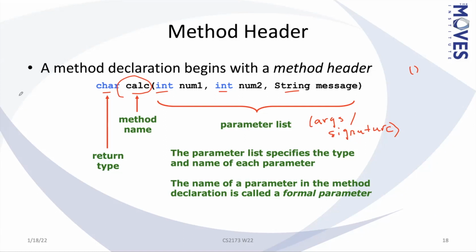So any type, or it can be void. If it doesn't return anything, you can say void. Okay, so the names of these things are only important on the internals of the method.